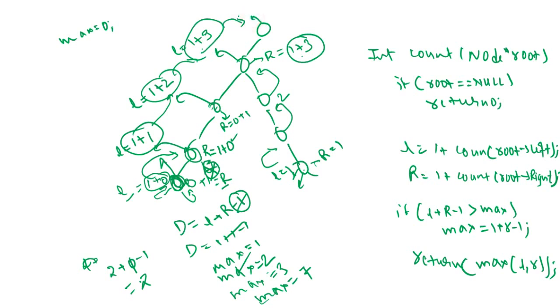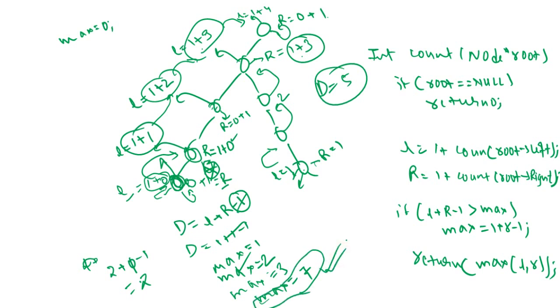For this, the left will become 1 plus 4, and the right will return 0, so right becomes 0 plus 1, so the diameter for this is 5 plus 1 is 6, minus 1, so it will be 5. But the maximum is 7, so I will not update max, and hence the diameter of the tree is 7. Hence we have calculated the diameter of the tree, in a solution of O of n.